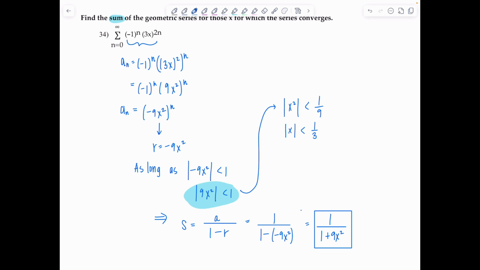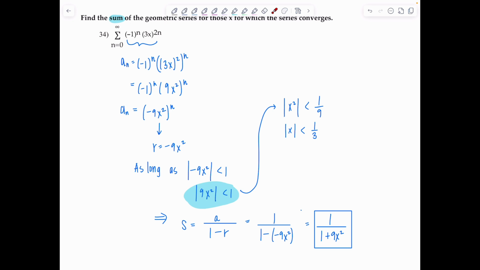But this is a special case. Normally you can't just go willy-nilly taking square roots of inequalities and everything's going to hold so beautifully. It does work out though in this scenario because we're basically looking at when is the absolute value of x squared less than 1/9. That's only when the magnitude of whatever I substitute in here is strictly less than 1/3. We can get into more details about it later, but this is fine.